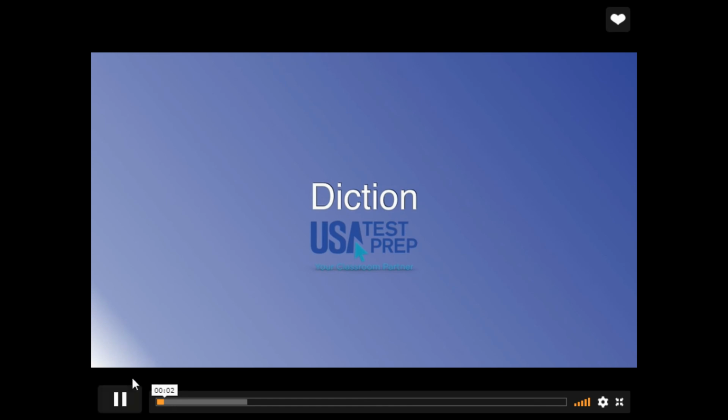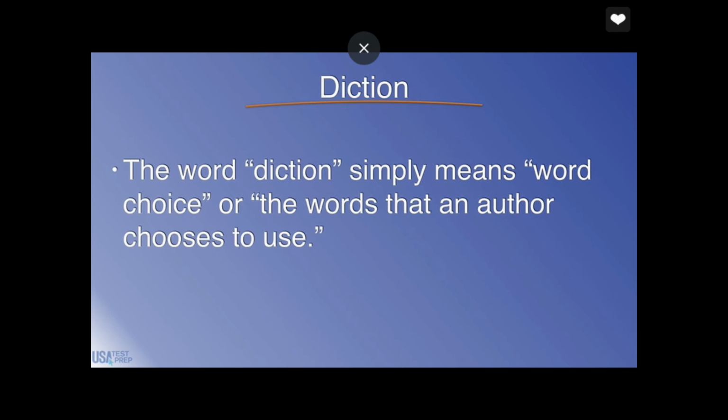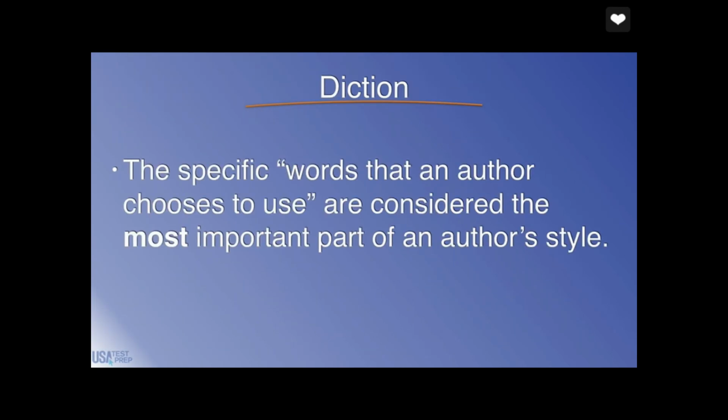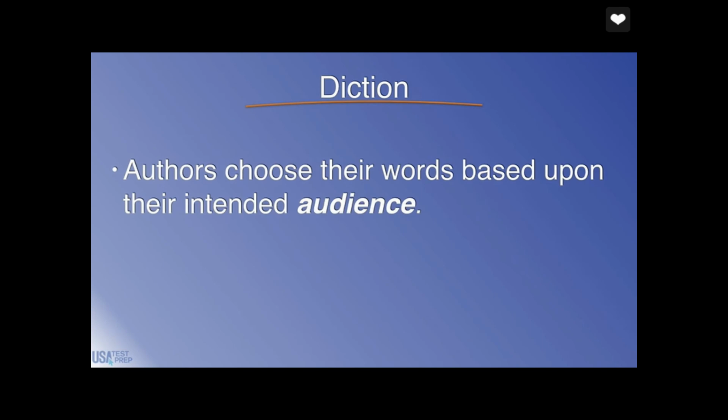This video will talk about the importance of diction. The word diction simply means word choice, or the words that an author chooses to use. The specific words that an author chooses to use are considered the most important part of an author's style. Authors choose their words based upon their intended audience.